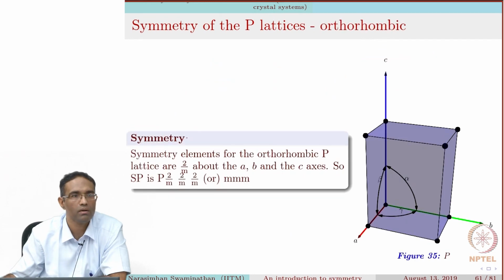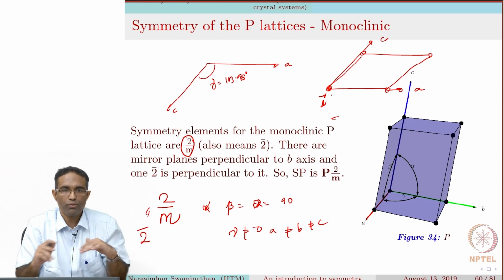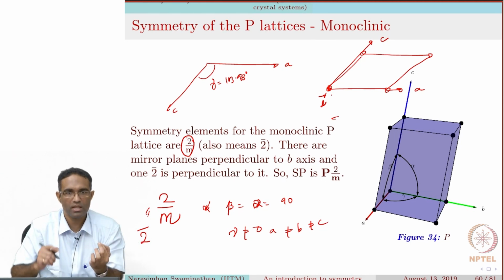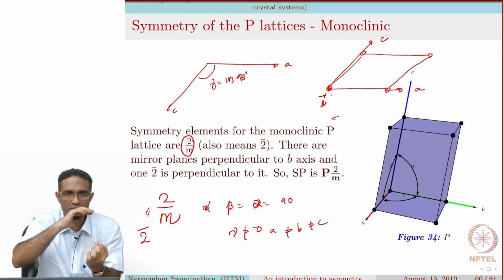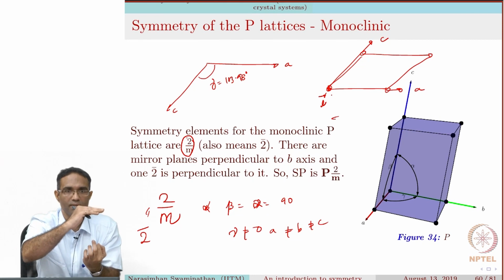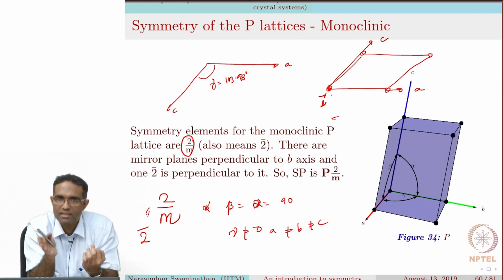So yeah. Why are we writing 2 followed by m? The 2, the two-fold rotation, is associated with the B axis. The mirror is also perpendicular to the same axis, right? If you put it in the next slot, it is associated with a different axis.